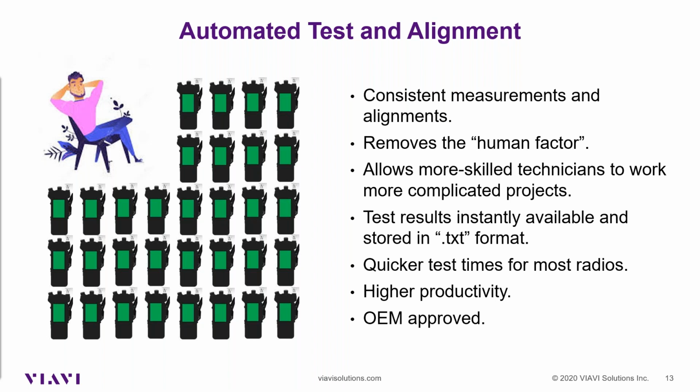But even beyond that, one of the things that I think it's important to look for is OEM approval. What I mean by that is, if we're using an automated test and alignment solution, is it something that the radio OEM has actually looked at and approved, and said, yes, this is the way we want our radios to be tested in order for them to work optimally?